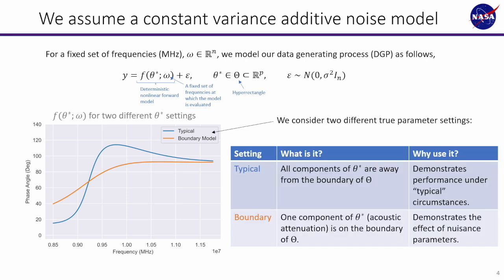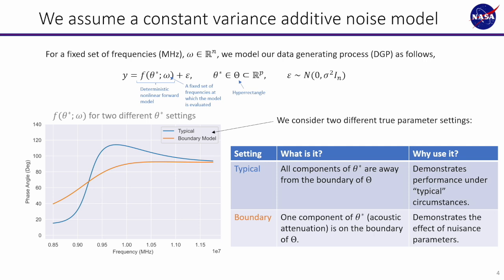And just to say a little bit more about these two different parameter settings we'll use. In the typical setting, I'm thinking about this as all those parameters in that vector being away from the boundary, away from what we know to be physically realistic. And again, this demonstrates performance under typical circumstances.